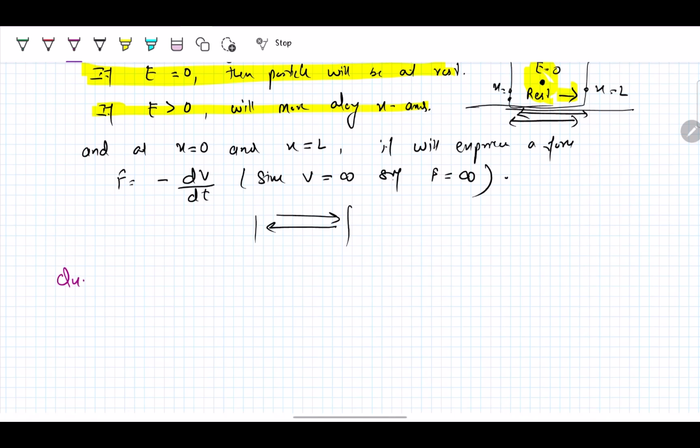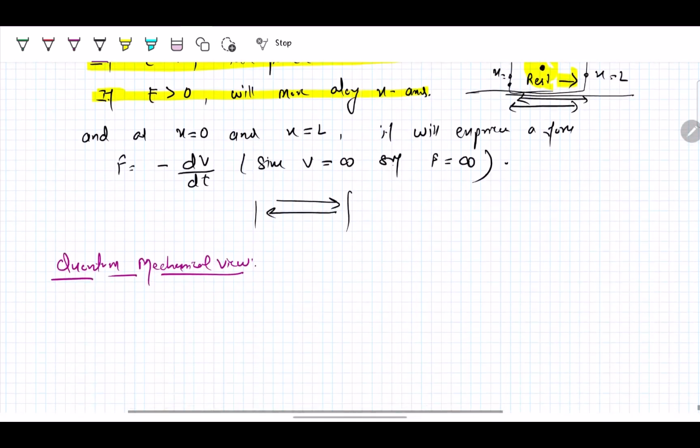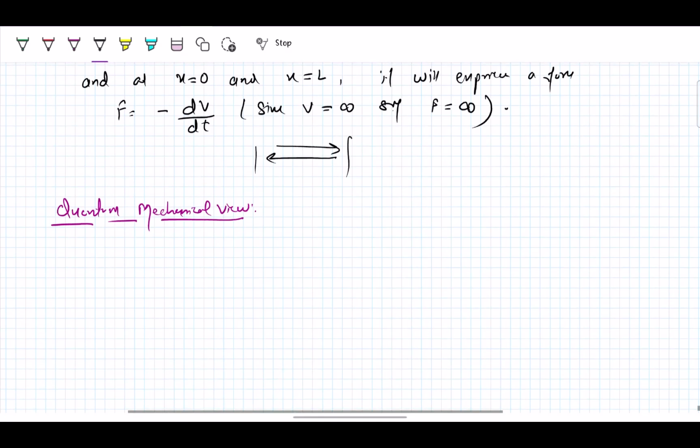So we are taking the quantum mechanical view, and let's start with the derivation by taking the Schrodinger's wave equation. We have already discussed the Schrodinger's equation in the previous lecture.